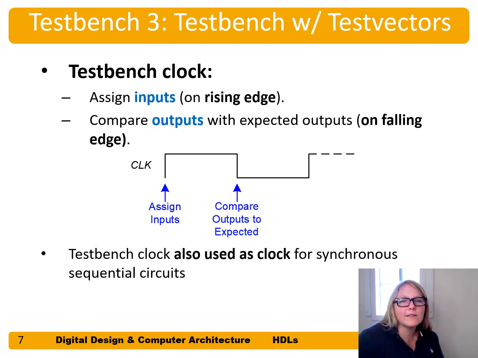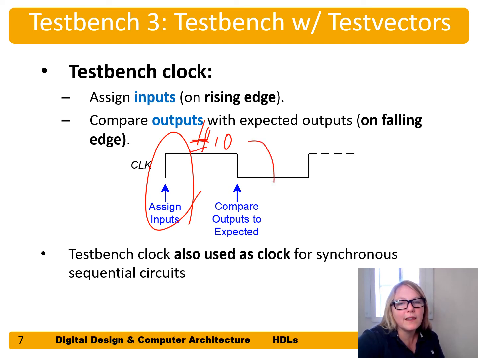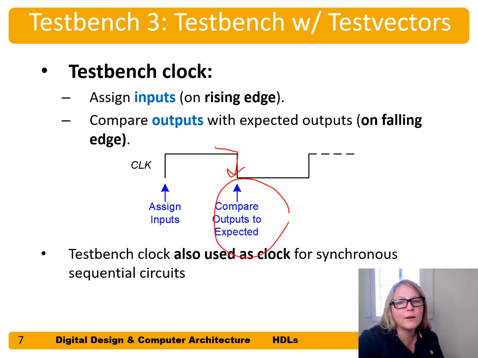So we generate this clock, and on the rising edge of the clock, we're using the clock basically to delay the time we assign the inputs and then look at the outputs. So it's basically doing the #10, right? This is saying, hey, delay for a bit, let the module calculate what the output should be, and on the falling edge of the clock, when the clock goes from 1 to 0, we're going to compare the outputs.